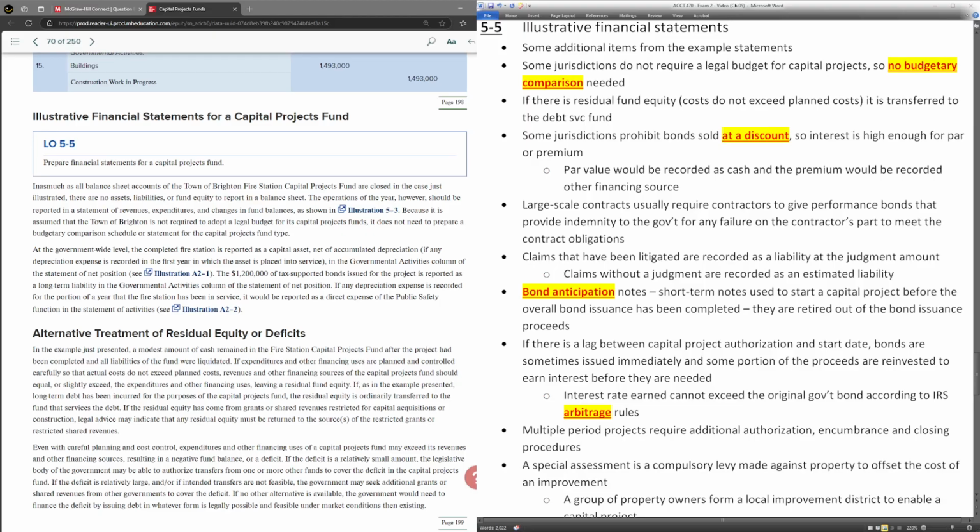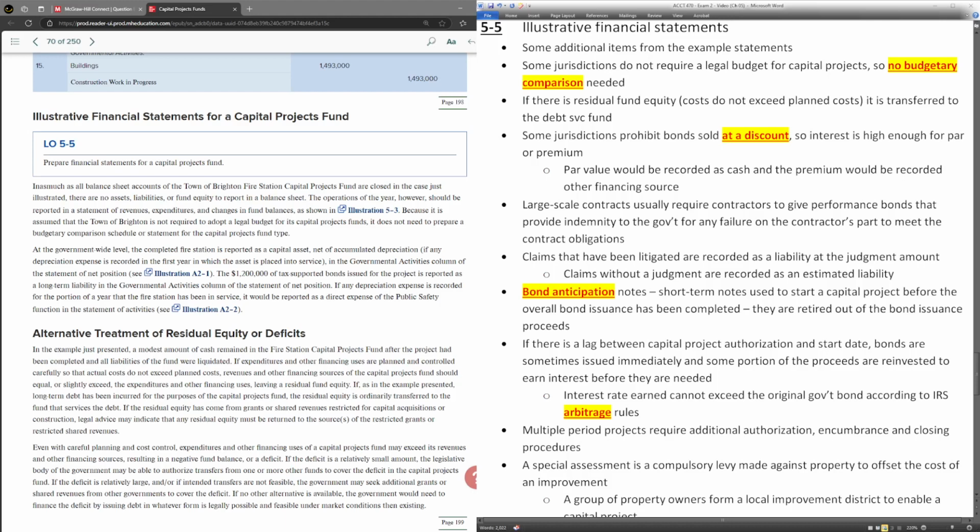When you're doing bonds, I'm sorry, that's written correctly. Some jurisdictions prohibit bonds sold at discount. Typically, if you remember your bonds, you need to have a high enough interest rate so that people will pay a premium. So typically bonds will be constructed to have a high enough interest to at least make par, and if not, have a premium.